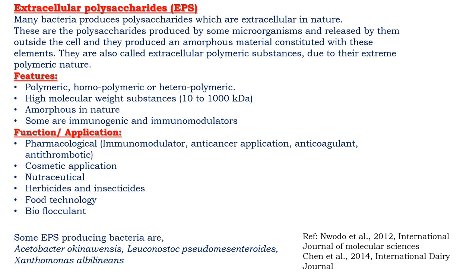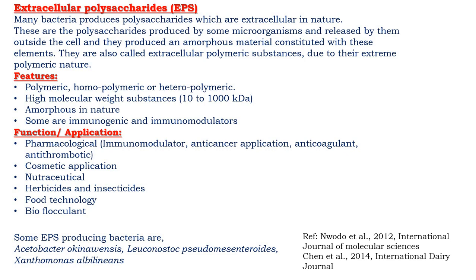On one hand, this EPS is responsible for the virulence of the pathogenic bacteria. On the other hand, if this EPS is separated from the bacterial body, it can be utilized for the production of antibodies or antimicrobial substances which can be used against that particular pathogenic bacteria. So this is why the EPS are utilized in different industrial applications.